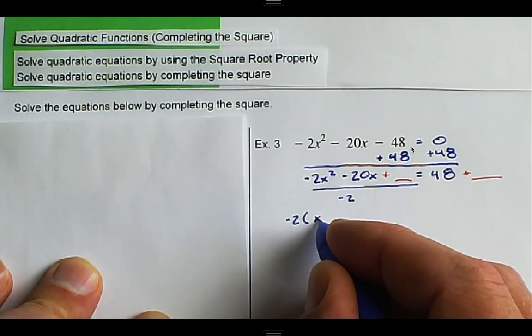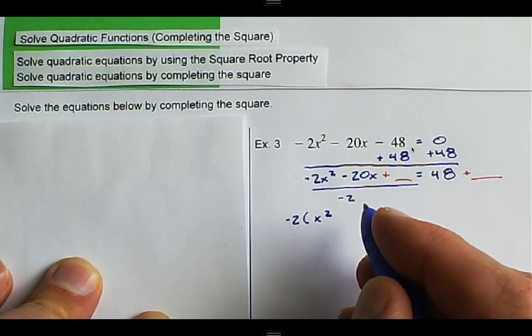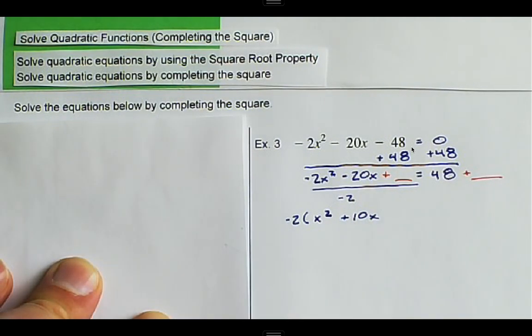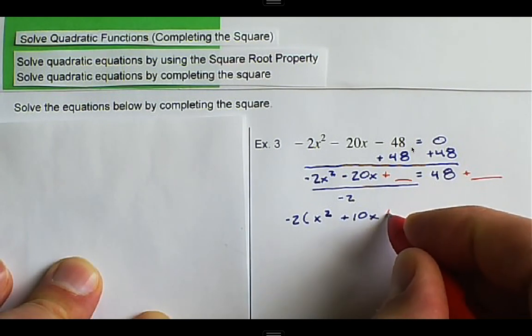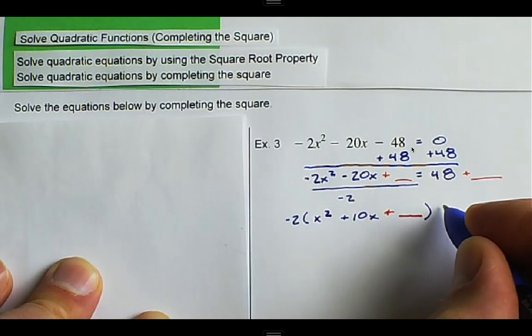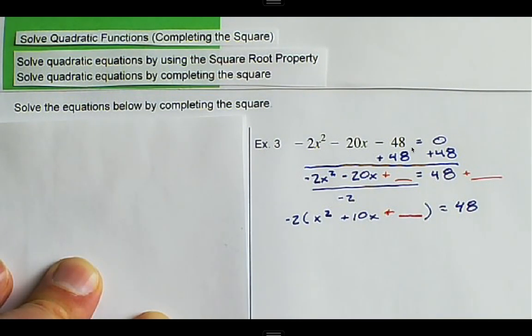And then we're going to get x squared, and -20x divided by -2 is going to be positive 10x. And then we're still going to have some value inside that parentheses there that we're going to have to add. And then that's still going to be equal to 48 plus that extra value.